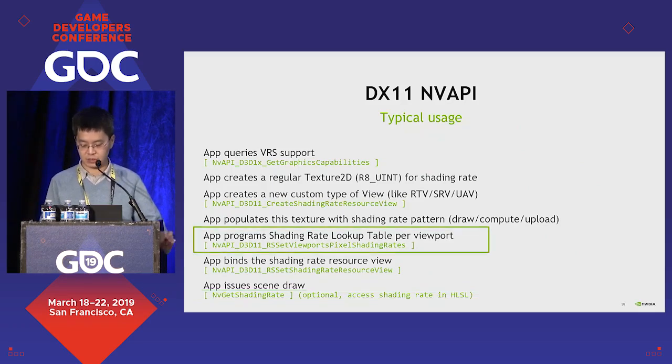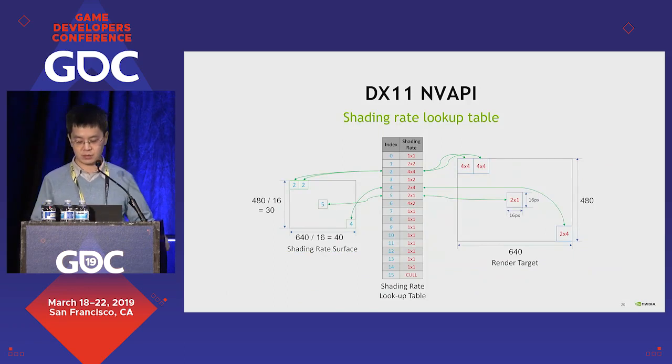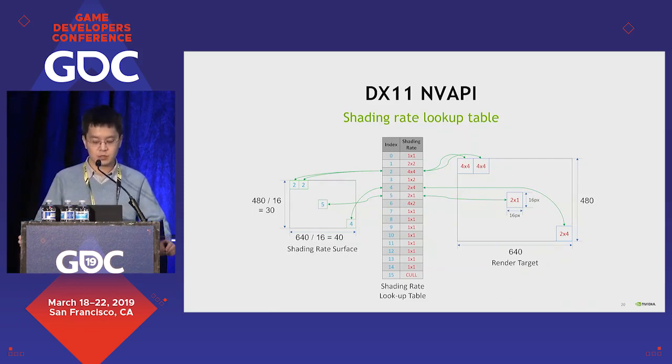And finally, you need to program the shading rate lookup table per viewport. This shading rate lookup table is a programmable table for the hardware to decode and map the data from the shading rate texture to the actual shading rate mode. This table provides extra flexibility. For example, you can program this to achieve a per viewport shading rate configuration or do something even smarter.